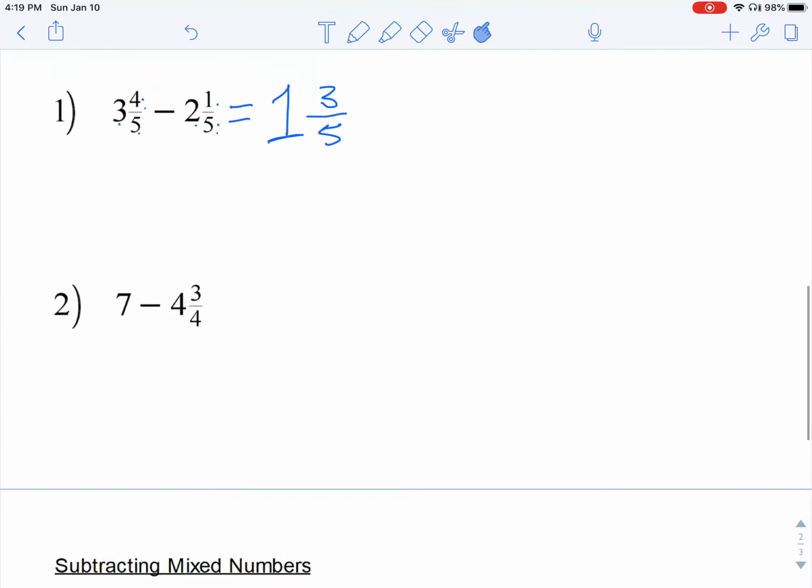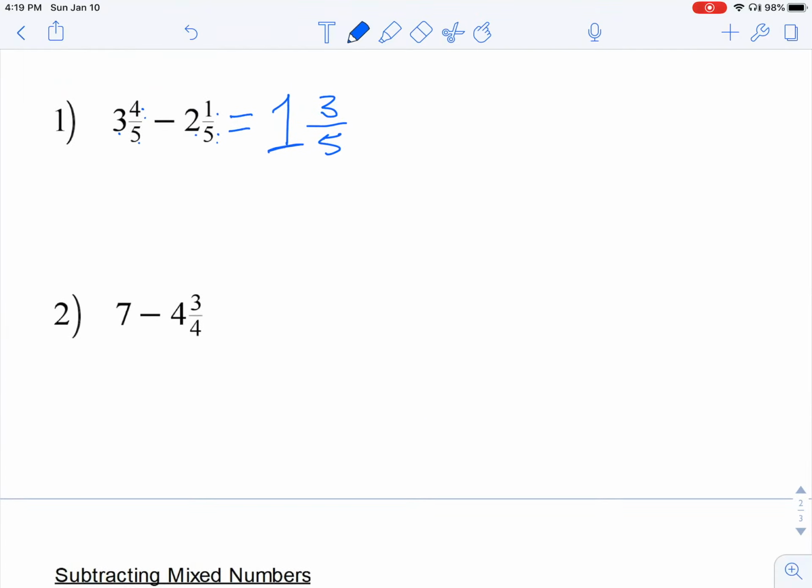Yeah, let's do this one together, and then I'll have you try a couple on your own. So remember, this has a 0 here, 0/4. So if I say fractions first, and I say 0/4 minus 3/4, could I do it? So I'm going to borrow. Instead of 7, I'll consider it a 6 and 4/4 minus 4 and 3/4.